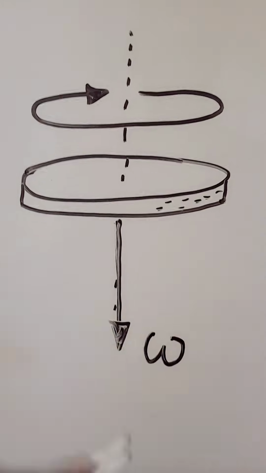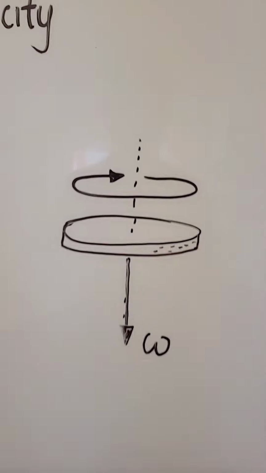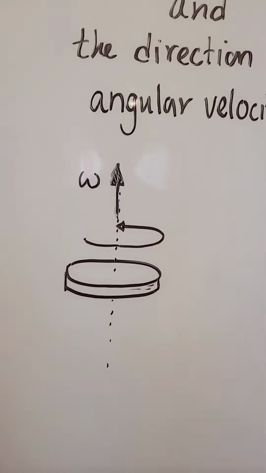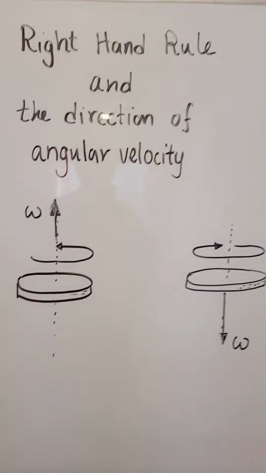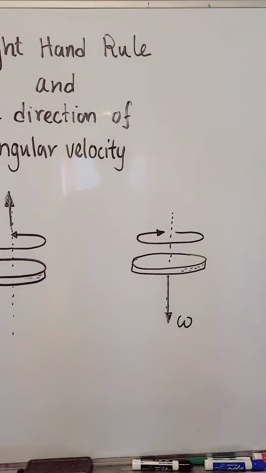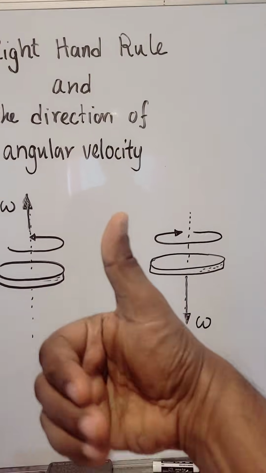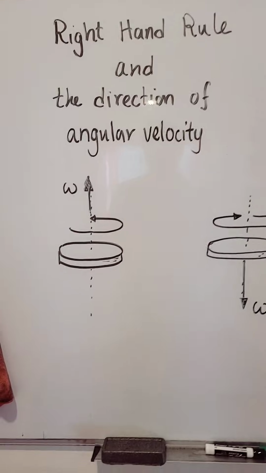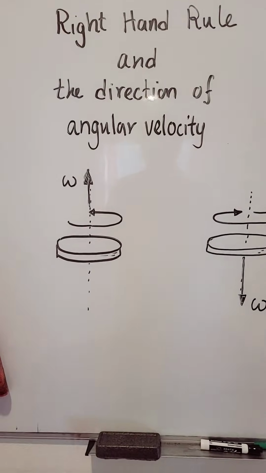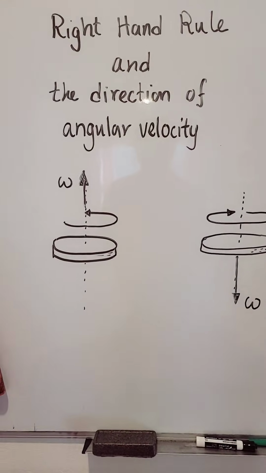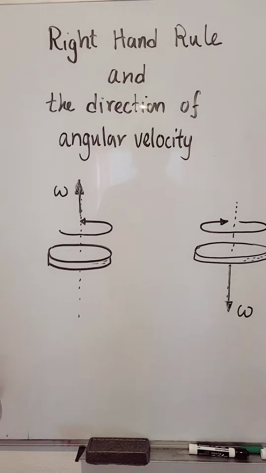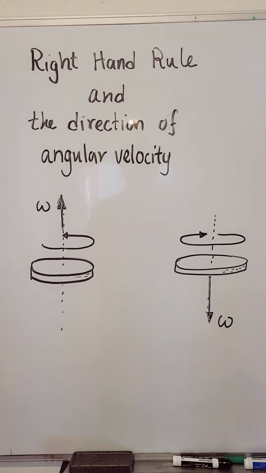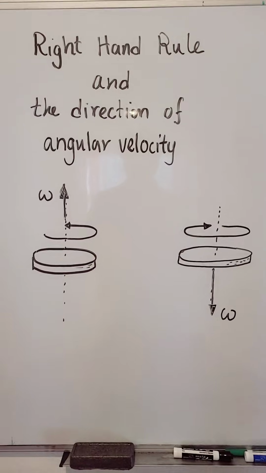The direction of omega is pointing downward. So that's how you figure out the direction of the angular velocity vector using the right hand rule. Again, remember, this applies for torque, angular displacement, angular acceleration, then angular momentum. This applies for all these vector quantities.